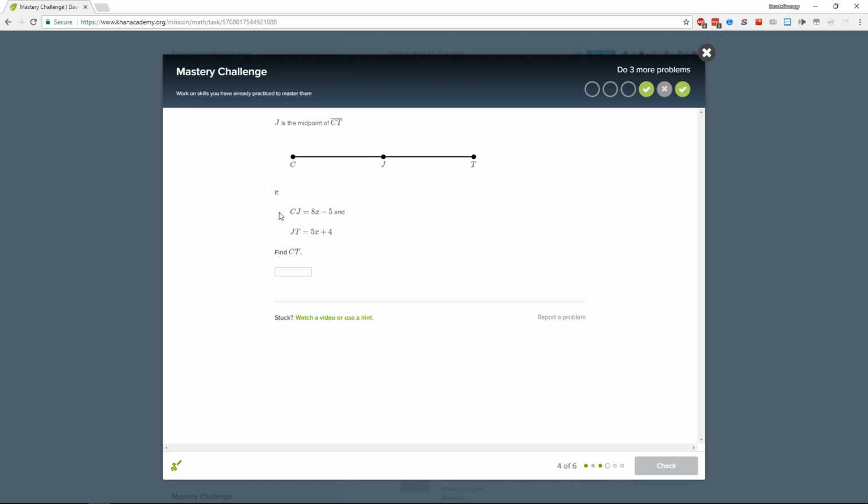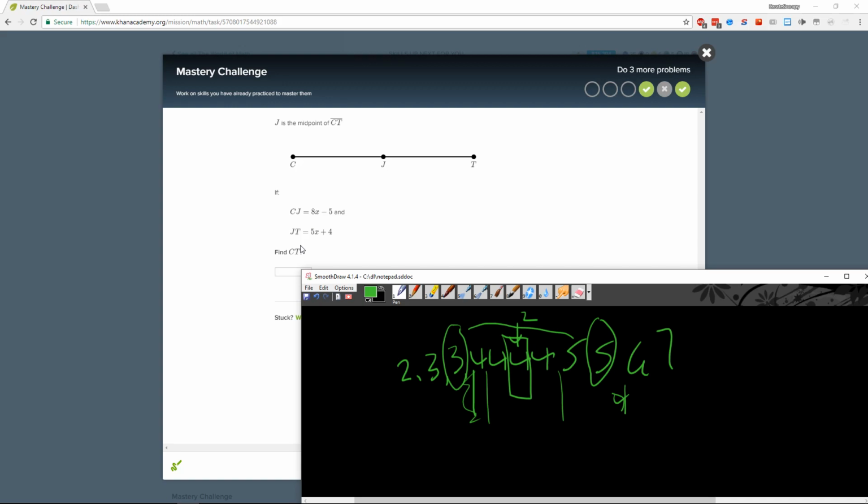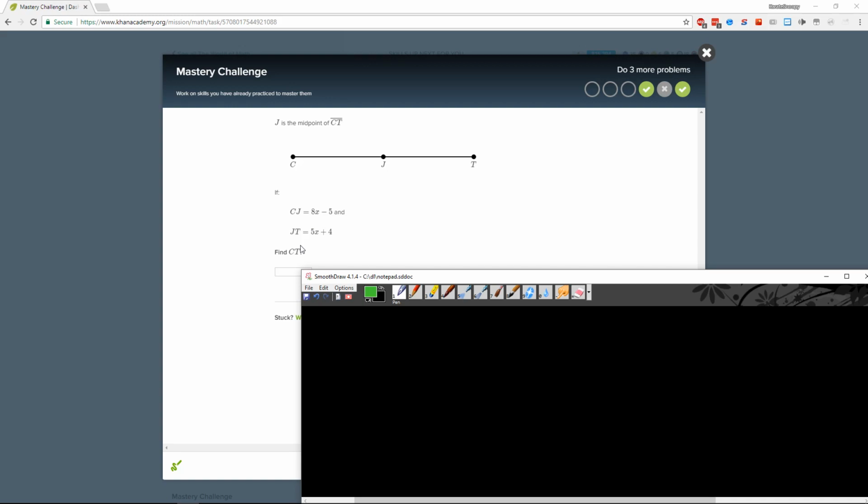Midpoint is the midpoint. Okay, so CJ is here and T. Let's find CT. This is pretty easy in theory. So 8x minus 5 equals 5x plus 4. Add 5 to both sides.